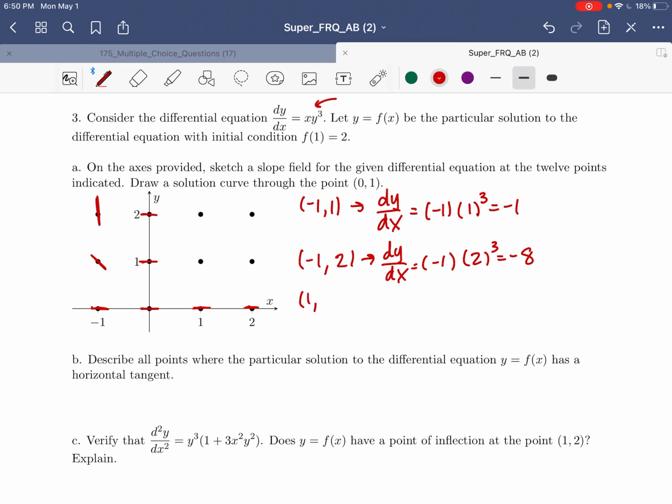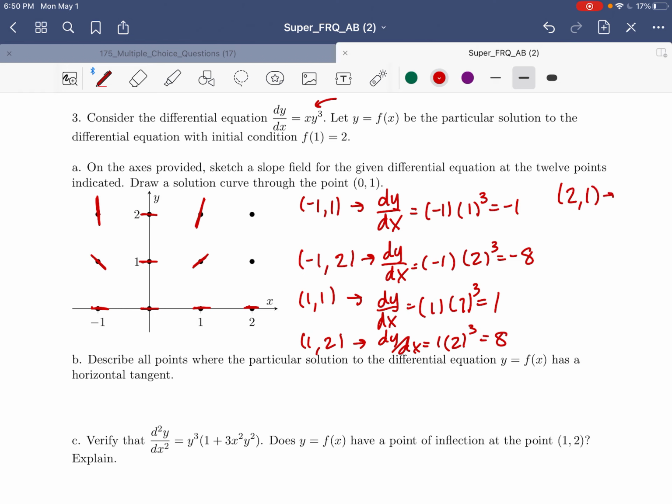Then I'll plug in (1, 1), which gives me a slope of 1. (1, 2) would be 8. (2, 1) is 2.